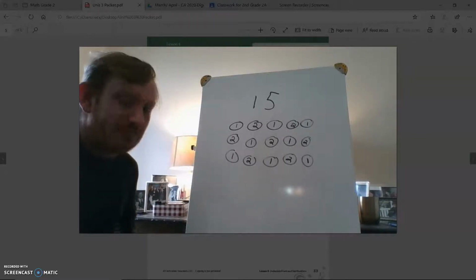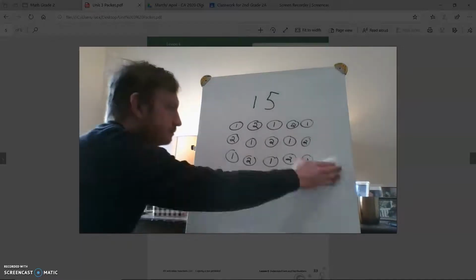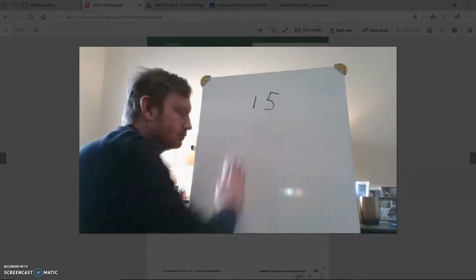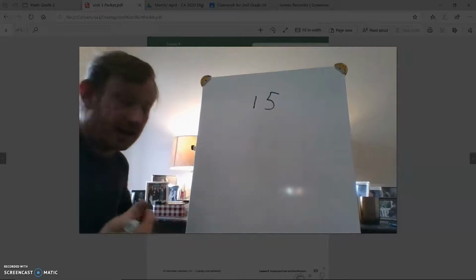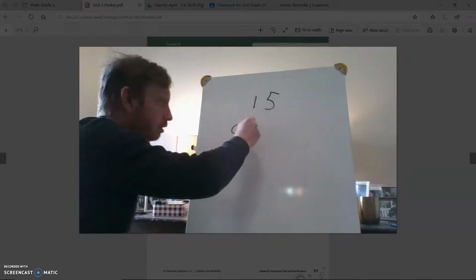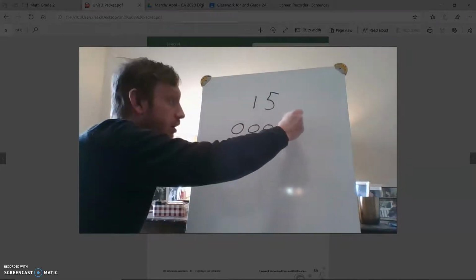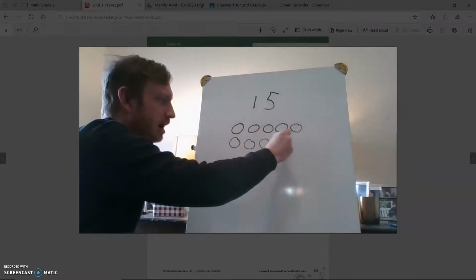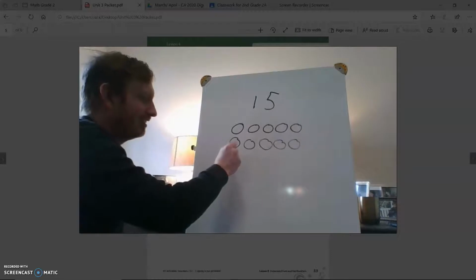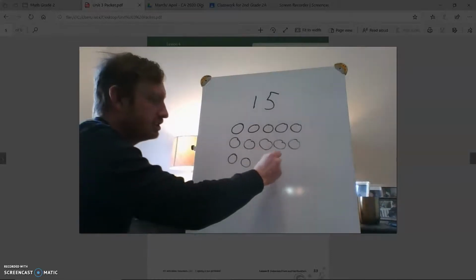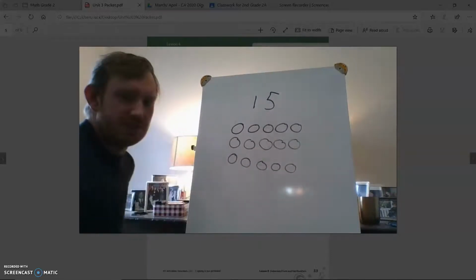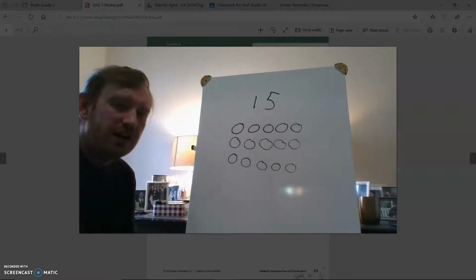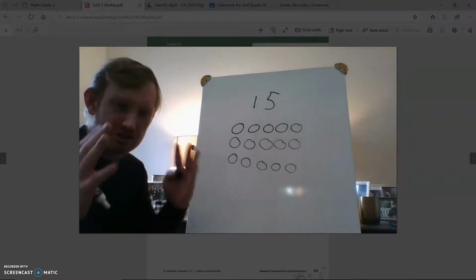Let's do it another way, but still with pictures. So I'm going to draw again. 1, 2, 3, 4, 5, 6, 7, 8, 9, 10, 11, 12, 13, 14, 15. Another way to look at a picture is in a bigger sense.